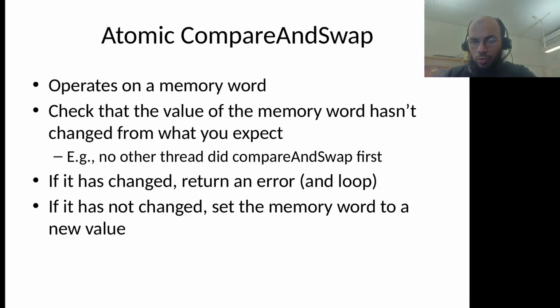So, atomic compare and swap. We said that this is an atomic, processor-provided function that operates on a memory word that basically checks that the value of the memory word that you are spinning on has not changed from what you expect.